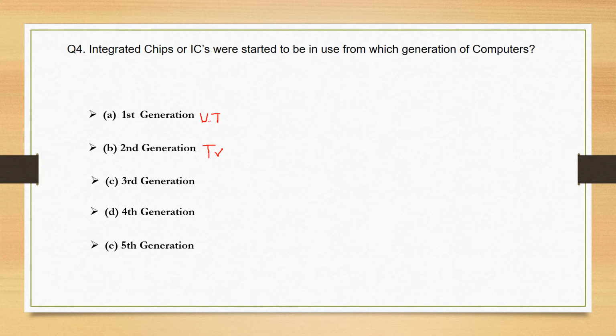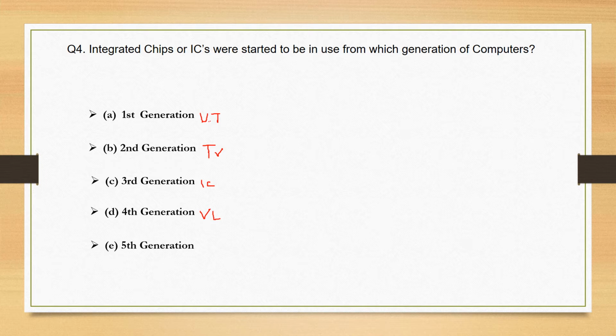Okay, so in the third generation of computers, basically ICs came into use, and this generation is referred to as 1964 to 1972. For the fourth generation, we started using VLSI, very large scale integrated ICs, and this generation refers to 1972 to 1990.